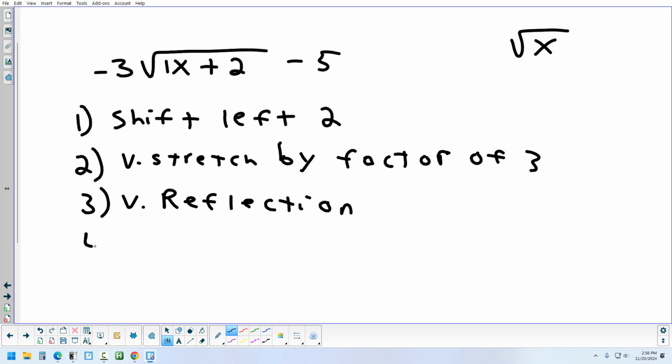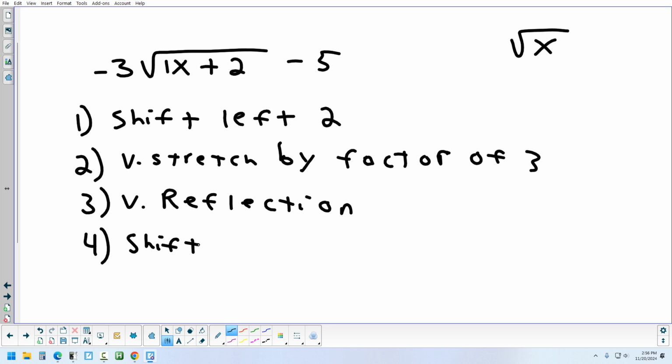And what's the last thing? The -5, which is the D. Yep. And that is going to be a vertical shift to the right 5. Not quite. So it's vertical, right?